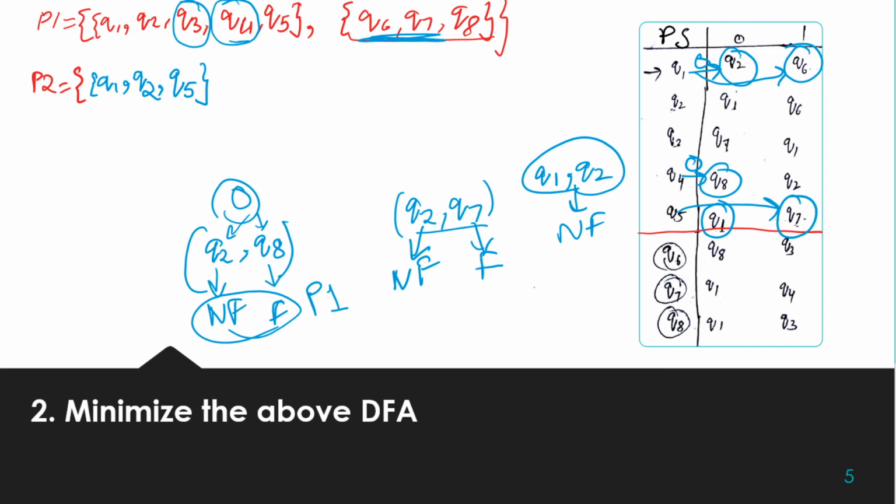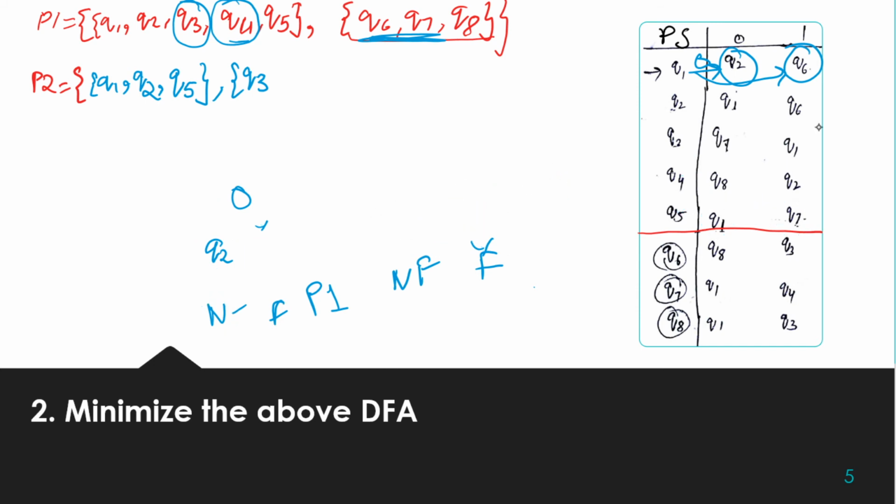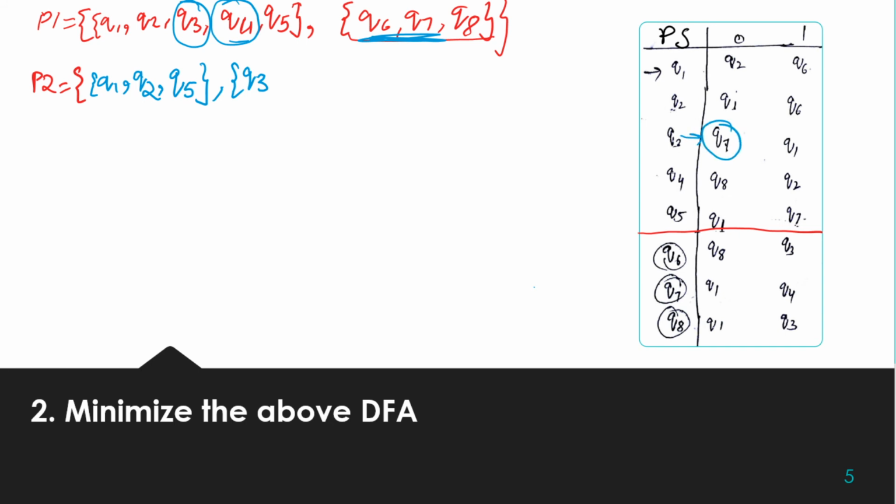So now let's check Q3 and Q4, whether they can be part of the same group or not. You can complete the process on your own. From Q3 we are moving to state Q7 and from Q4 we are moving to state Q8, and Q7 and Q8 are part of the same group in the previous partition.